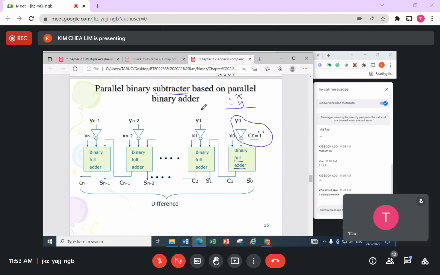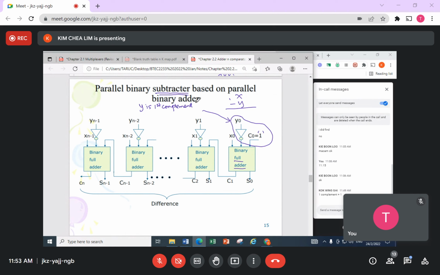Okay, so maybe I write here: Y is first complemented first. Complement in this case here means you NOT it.